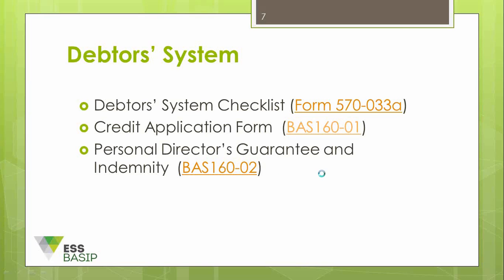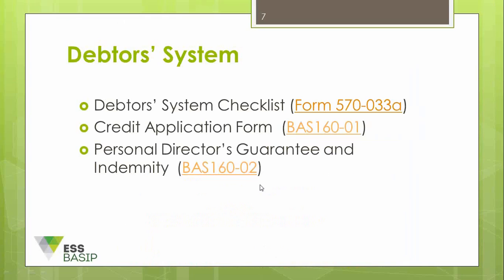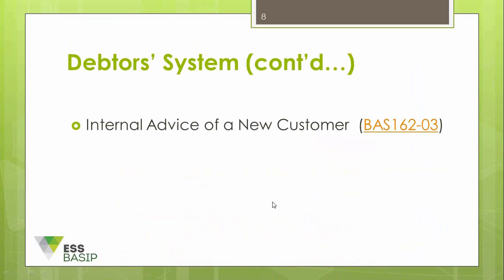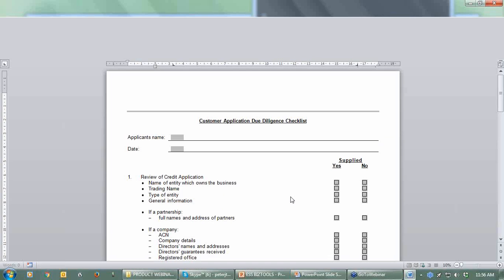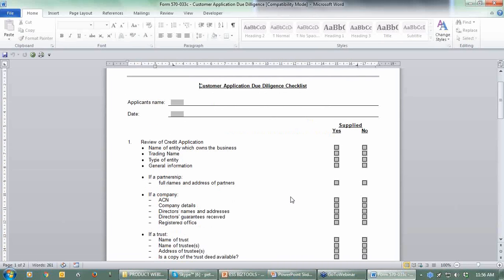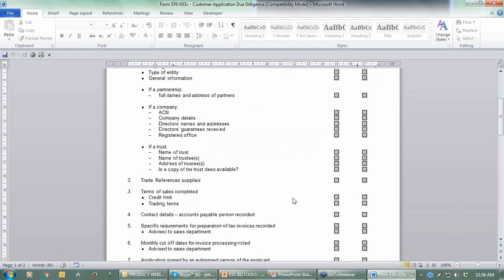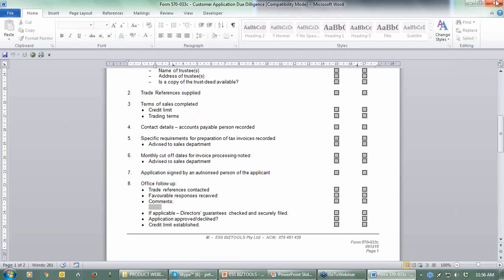There's a personal guarantee form so you can show your client what that looks like if they haven't previously seen one, but they should be arranging for their own solicitor to prepare an appropriate form. There's a due diligence checklist to make sure that the person responsible for debtors has appropriately checked all aspects of this new customer.